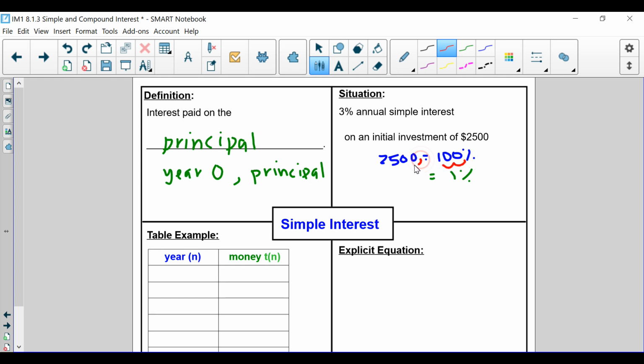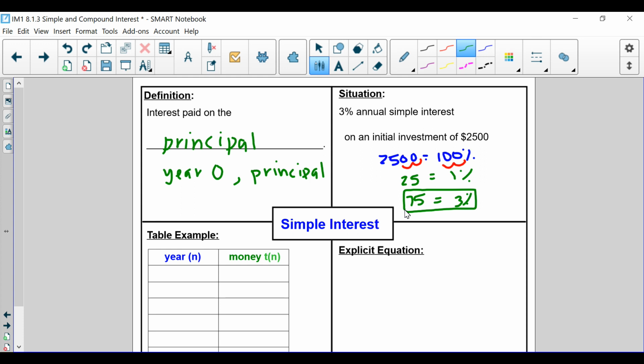So we just need to do that here, 1, 2. And then we got 1% is $25. If 1% is $25, what is 3% then? 3% is triple 25, and triple 25 is 75. All right, we've got it.